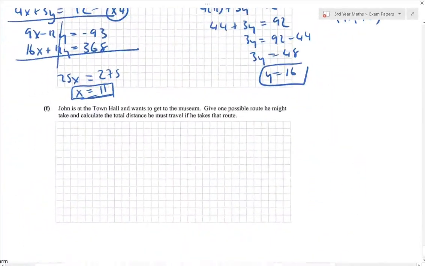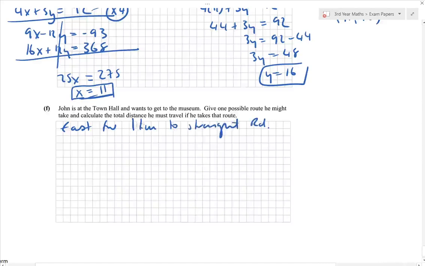So I'll just write that first of all. East for 1 kilometer, on a straight road. Then north to A, which is 8.5 kilometers.